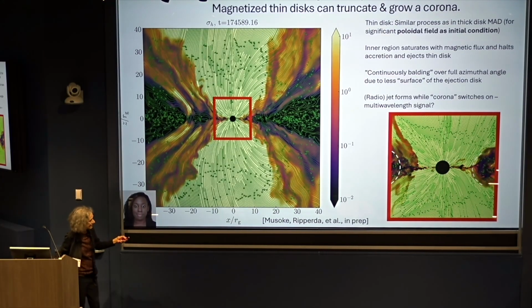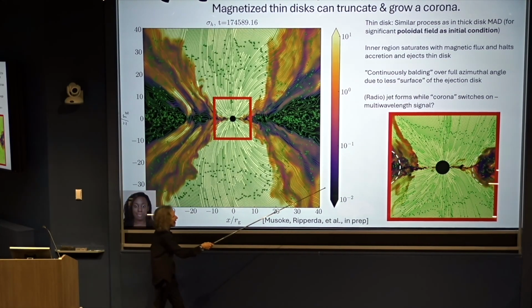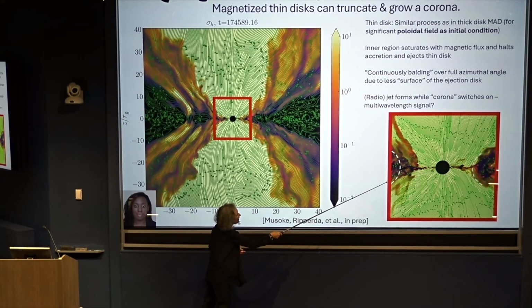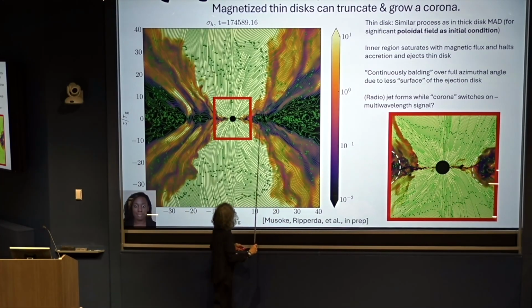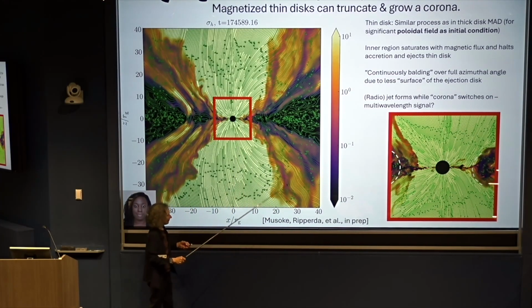So this is a zoom in. This red box is a zoom in shown here in more detail. And you can see this kind of thin, irregular, disky accretion flow here, and then the puffed up disk at the outer edge.